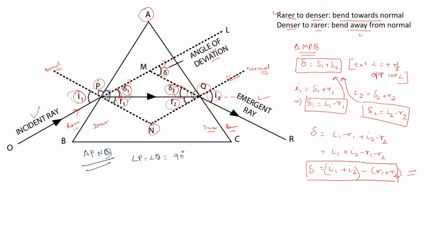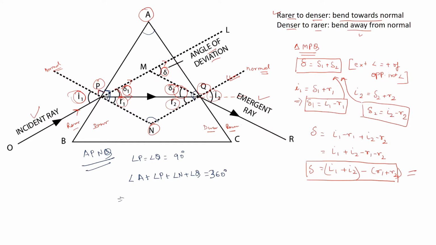So what will be the value of this and this? Let me write it like this: angle A plus angle P plus angle N plus angle Q is equal to 360 degrees.